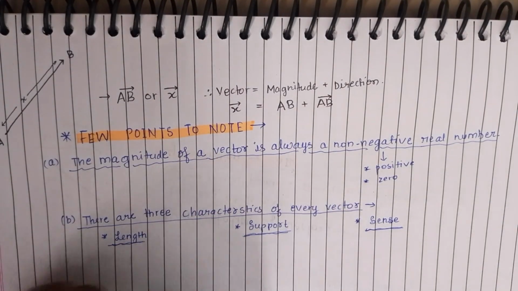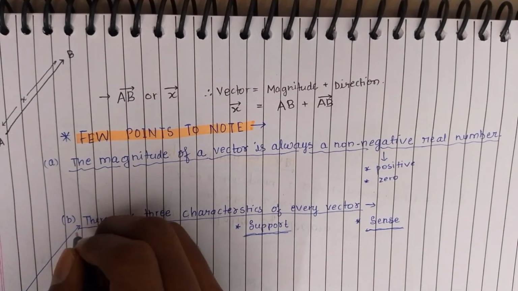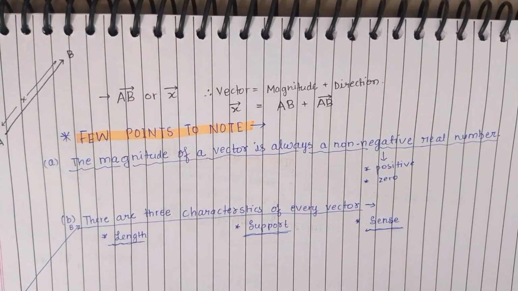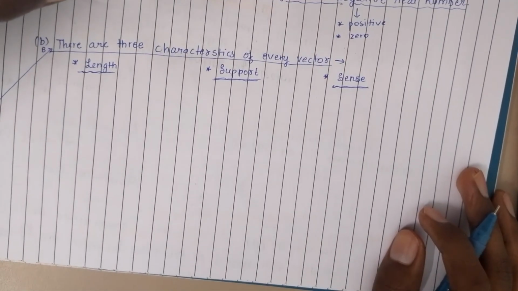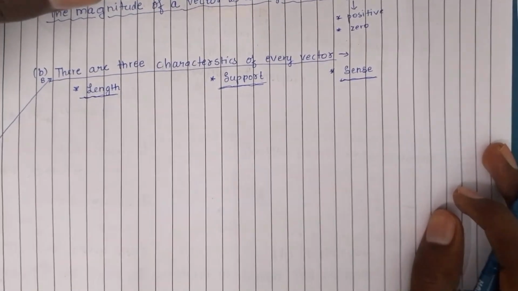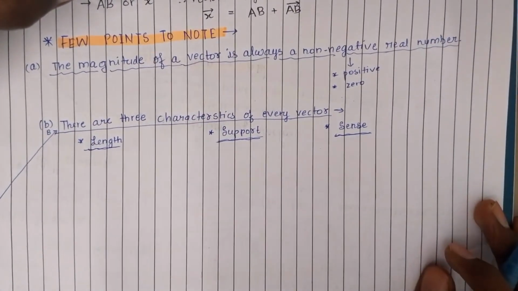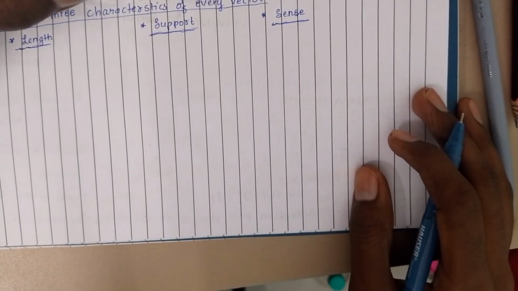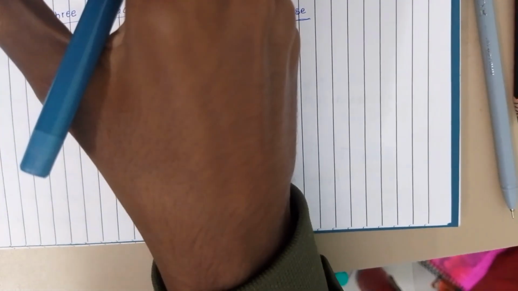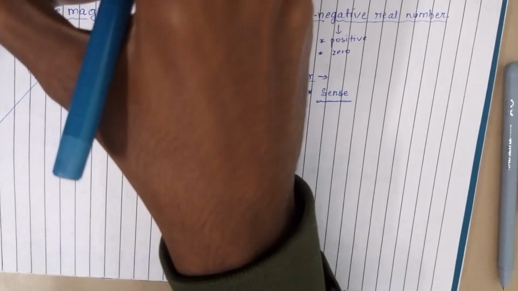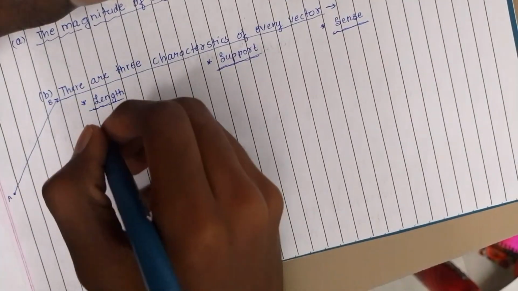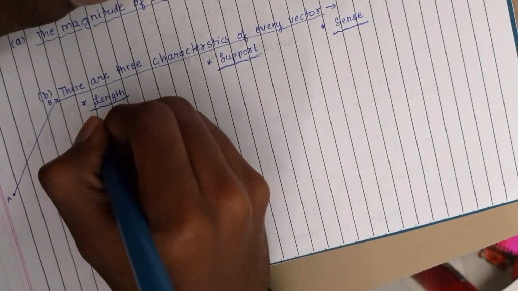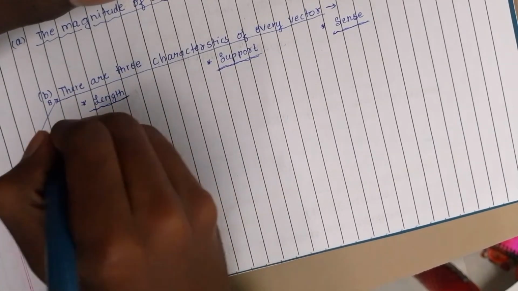For instance, let's say this is our vector. Suppose this is our vector AB. Length means the measurement.